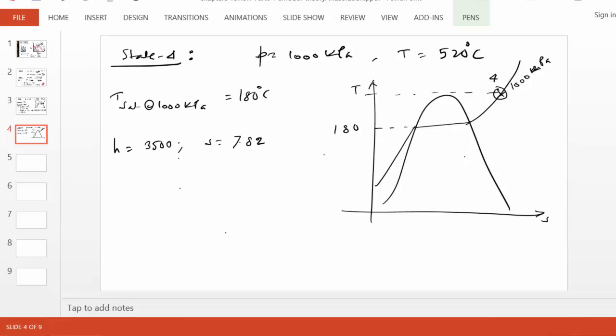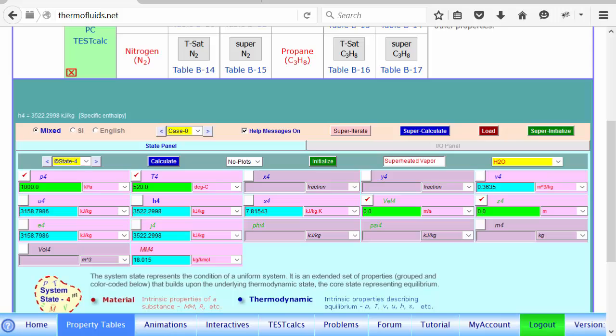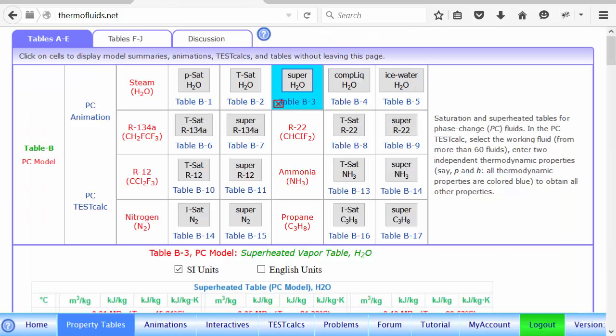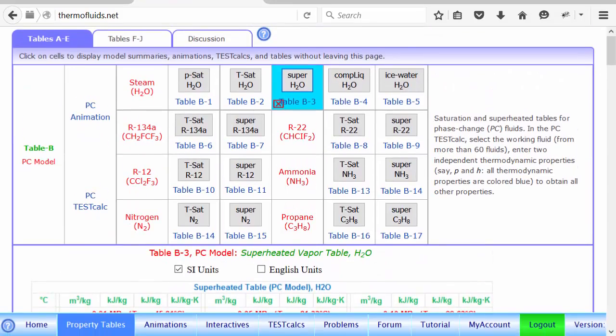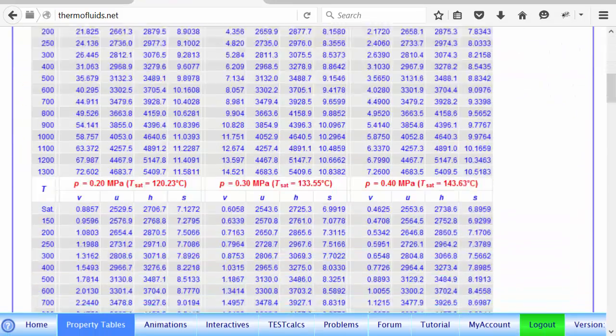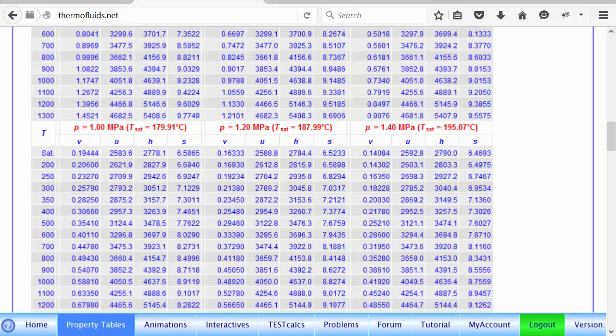The only time it becomes a slightly challenging problem is, what if the pressure was not 1000 kPa? What if the pressure was somewhere in between? Suppose we have the table for 1000 kPa and 1200 kPa.